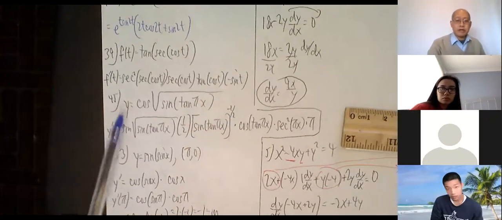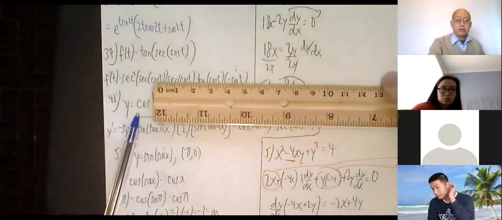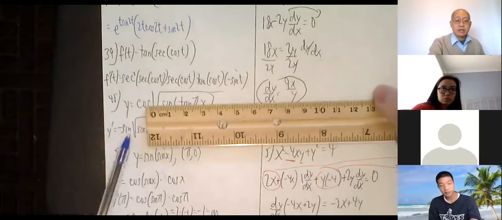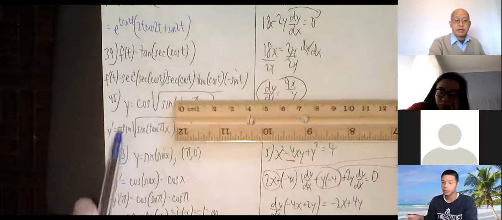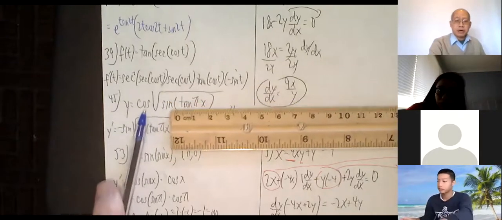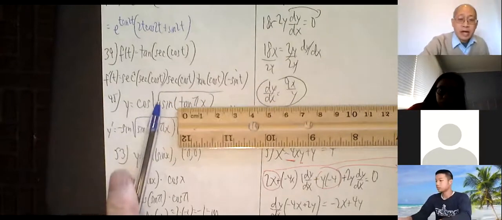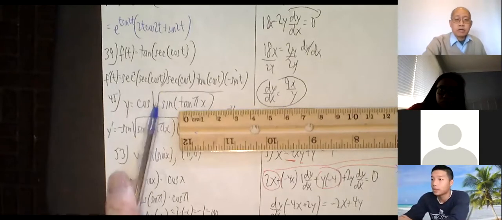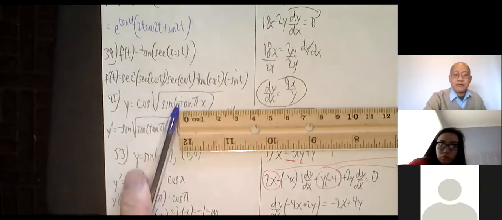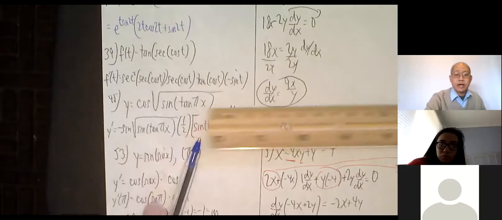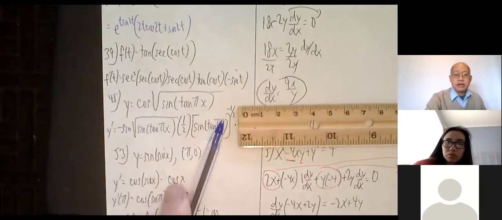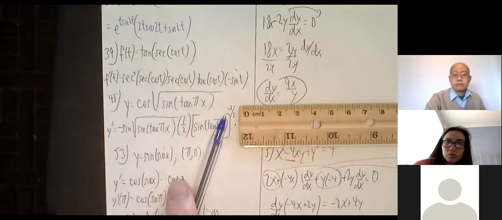Okay, so you just work outside in. Derivative of cosine, negative sine. Copy the rest of it, square root, blah, blah, blah. Okay, cosine's finished. Now I go to the next function, square root, which means blah, blah, blah to the 1/2. Okay, so 1/2 sine, all that stuff, to the negative a half.